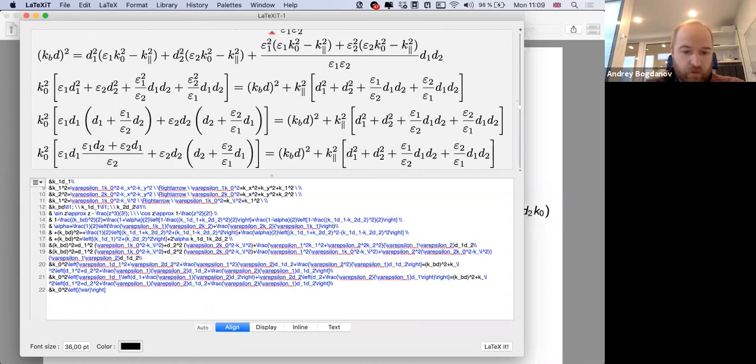It's epsilon 1 d2 plus epsilon 2 d1. Okay, and what I will have more: epsilon 1 d1 over epsilon 2, and here epsilon 2 d2 over epsilon 1.